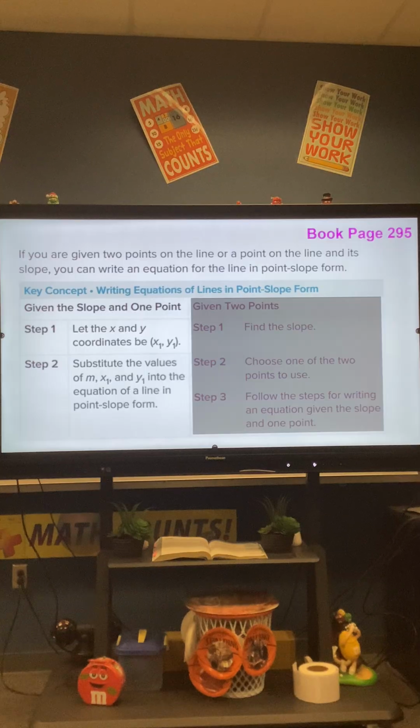But if I don't give it to you, then you have to find the slope. It's called point-slope. So that means you need a point and a slope. That's all it is. Nothing complex. It's just 2 pieces to the puzzle. Okay?